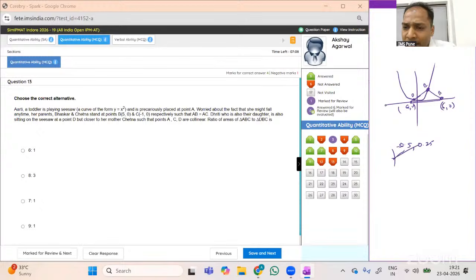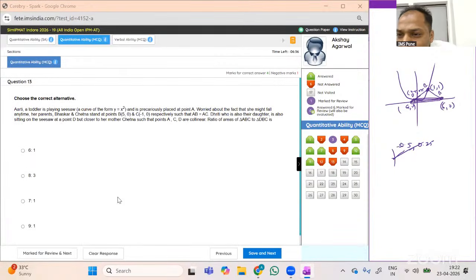So if this line has a slope of 1/2, this point is 1, 1, and this point is minus 0.5, 0.25. So this distance is 1/4 of this total distance, and hence if I look at these two triangles, the base is the same, the height would also be 1/4, hence the ratio of areas would also be 1:4.